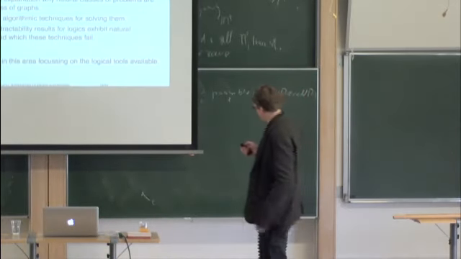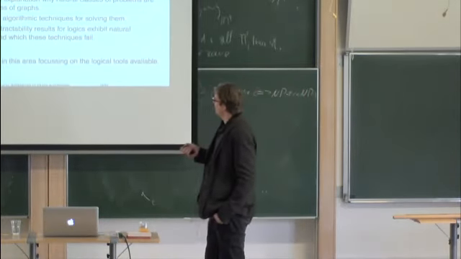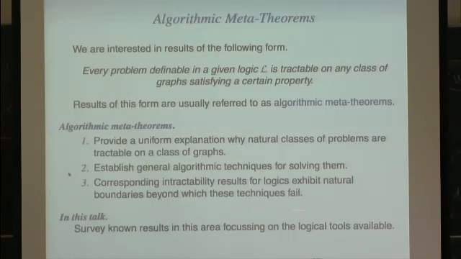Also, tomorrow in the second part of the tutorial, we'll see corresponding intractability results, so results that say if your class of graphs does not have bounded tree width in some form, then MSO is no longer tractable. And by doing so, we also exhibit very natural complexity boundaries beyond which you can't push these types of problems. And basically, the topic of this talk is to survey about 10, 15 years of research focusing on these meta theorems.